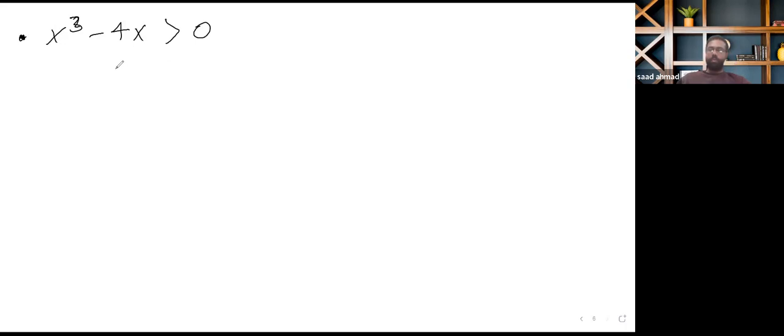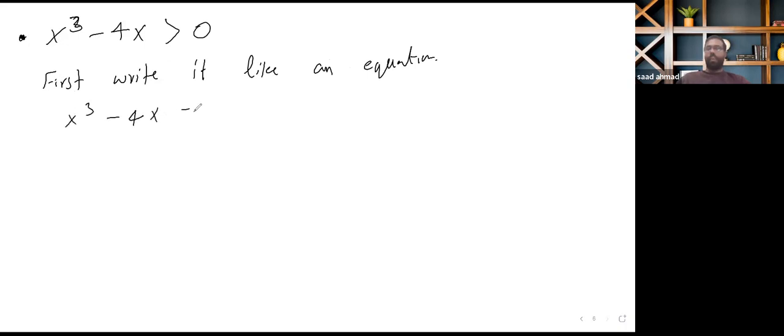So to solve inequalities like that, the first thing we do is write it like an equation. So x cubed minus 4x equals 0, and as you can see, we can take the x as a common factor, left with x squared minus 4. Now we apply the zero factor property.